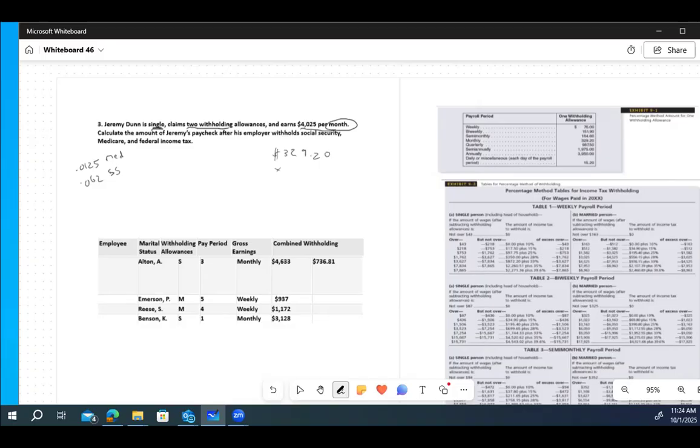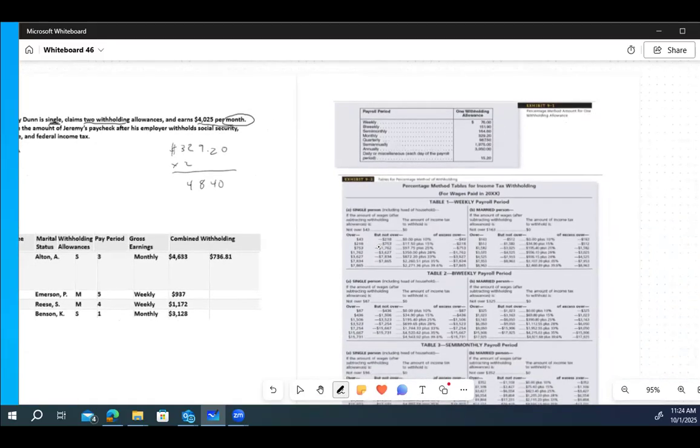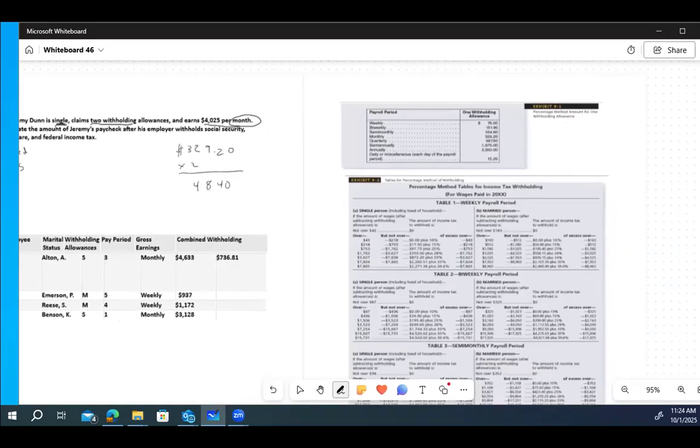So if I multiply that by two, let me just multiply it. 329.20 times 2 equals 658.40. So that's how much he gets to take out of his paycheck that will not be taxable.